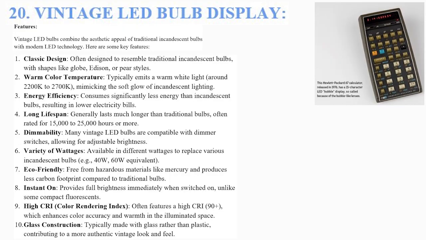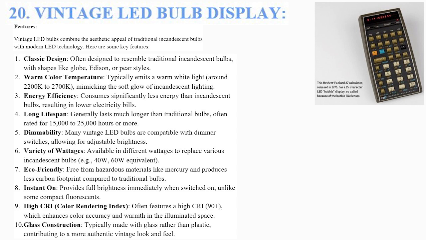Features. Vintage LED bulbs combine the aesthetic appeal of traditional bulbs with modern LED technology. Here are some key features. Classic design, often designed to resemble traditional bulbs with shapes like globe. Warm color temperature, typically emits a warm white color. Energy efficiency, consumes significantly less energy than incandescent bulbs, resulting in lower electricity bills.